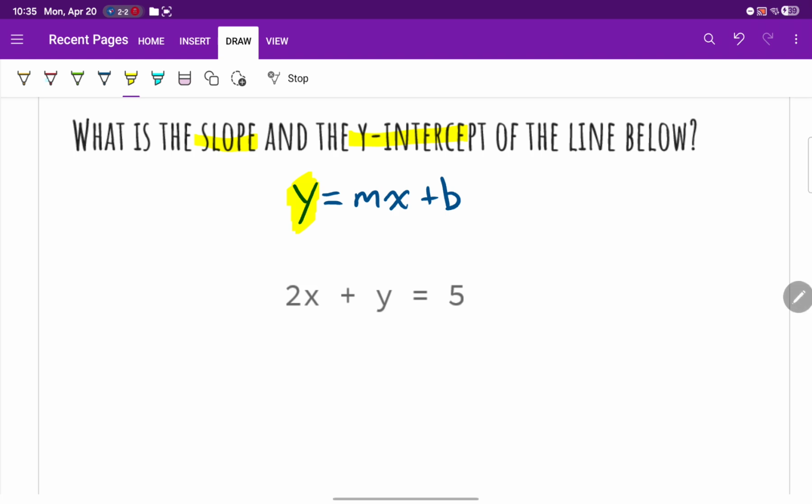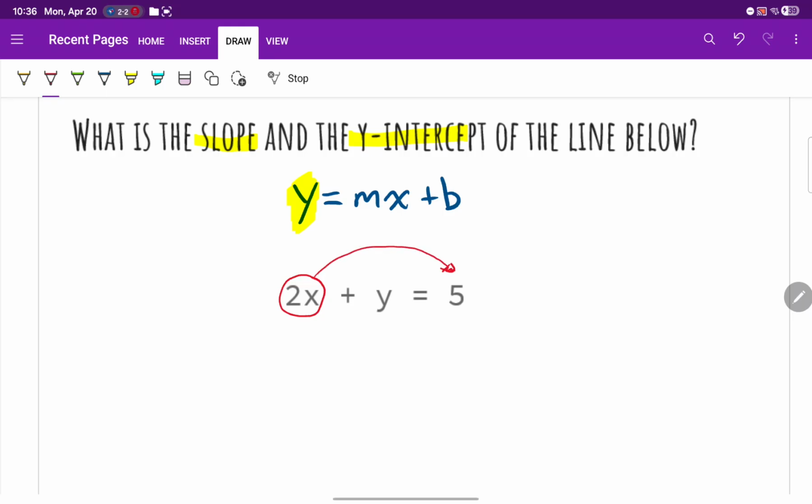So what I am going to do in this question is, to get y by itself here, I need to get rid of this 2x. You can do this in whichever way you want. You can subtract 2x from both sides like this. Now, personally, in this topic, that is not my preference. My preference is to grab that 2x and bring it to the other side of the equal sign.